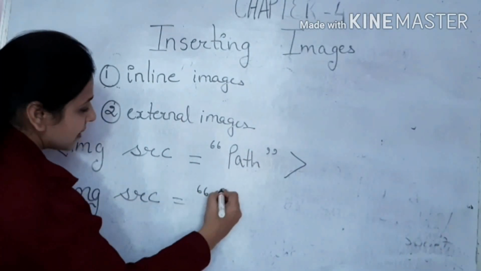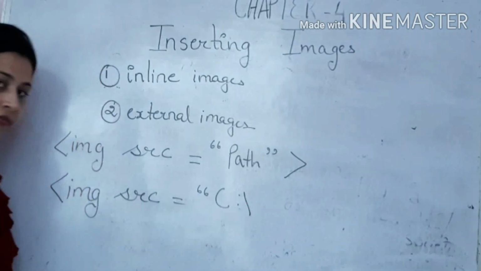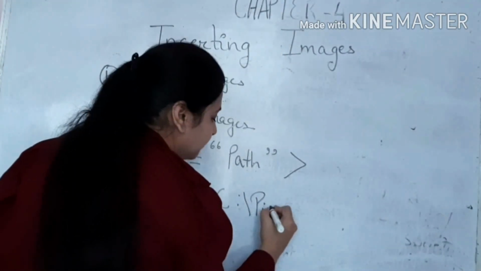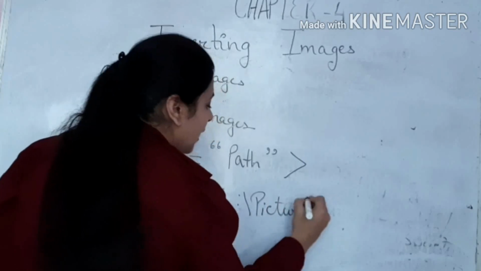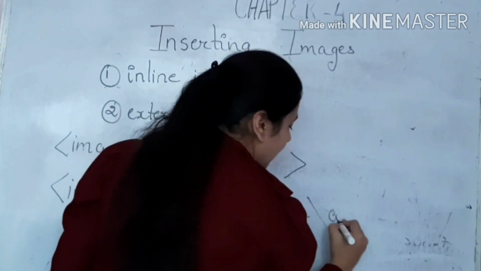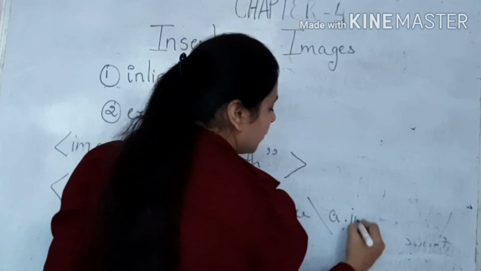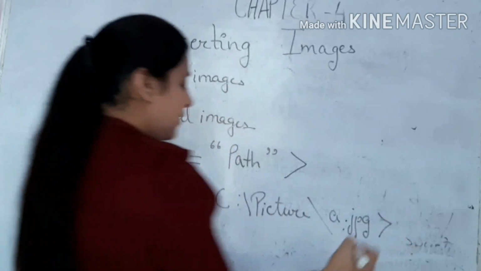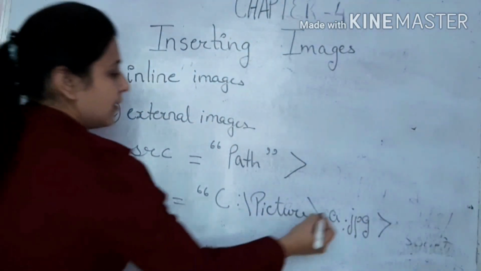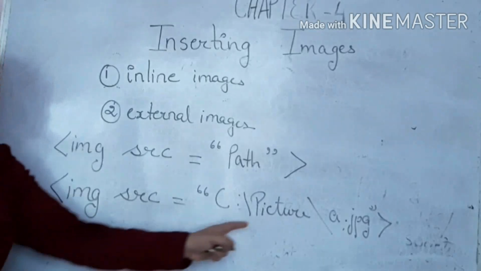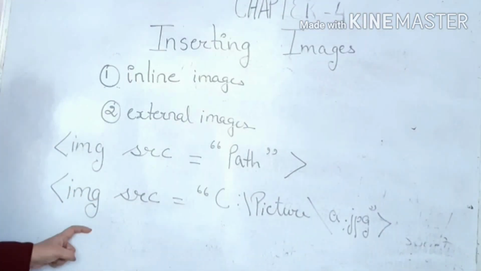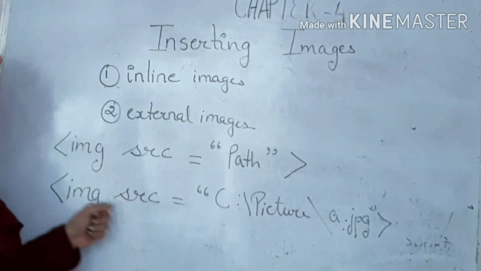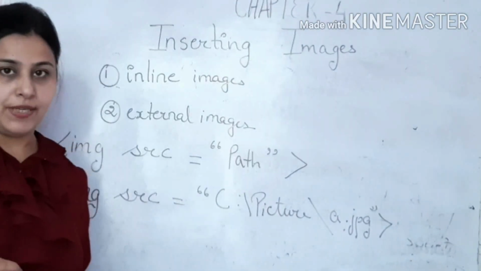The image is in C drive, in the picture folder, the name is A, and then the extension of the image, with the double quotes here. So this syntax is used when you want to insert an image on your web page.